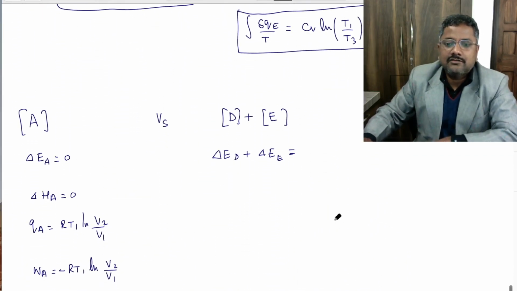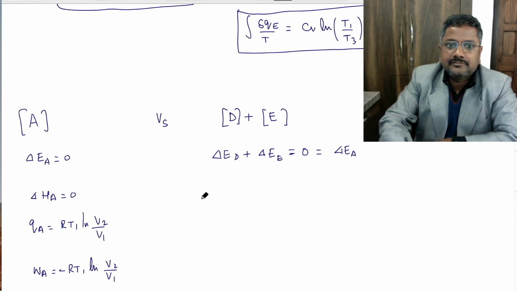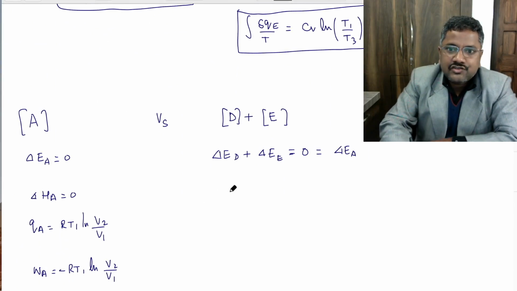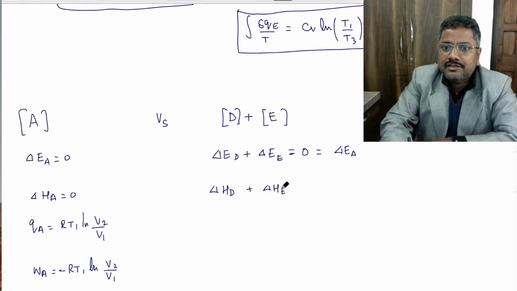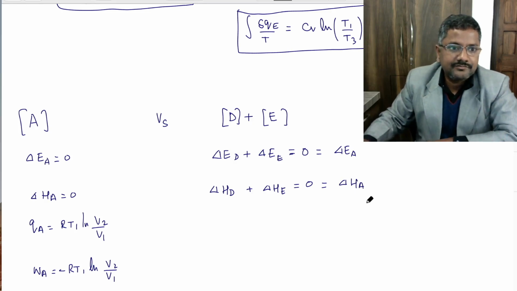So this is equal to 0 and this is equal to delta EA. Similarly, delta HD plus delta HE is equal to 0, which is equal to delta HA, right?